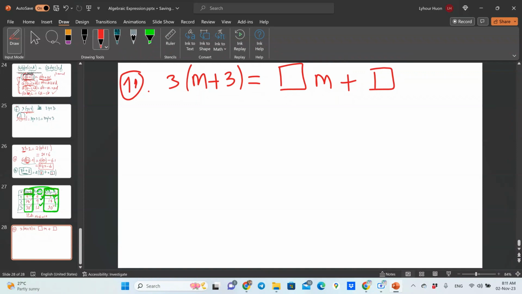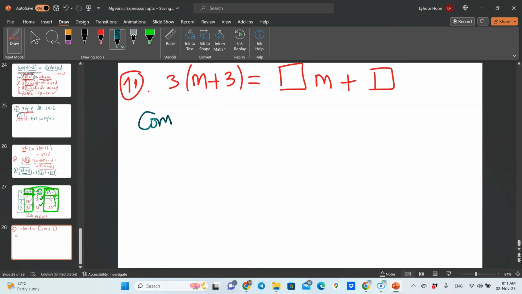So we have already studied, and a little bit of review of, the three properties of operation, which are commutative, distributive, and associative. Okay, a little bit of review.